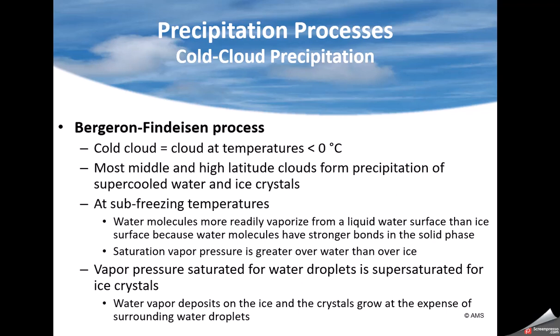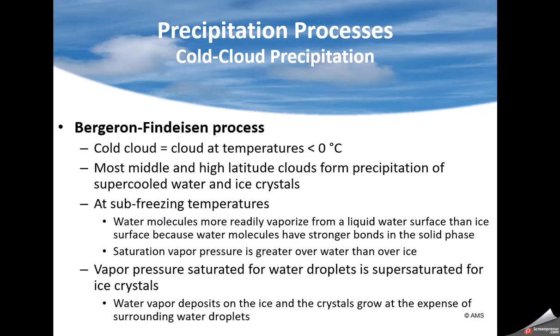Now, with the Bergeron-Findeisen effect, on the other hand, we have to have ice, or at least beginnings of ice. Why is that? Well, we've talked about vapor pressure of things, and guess what? If you have water, it has a certain kinetic energy moving in it.